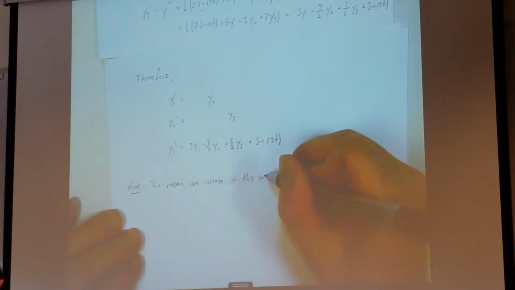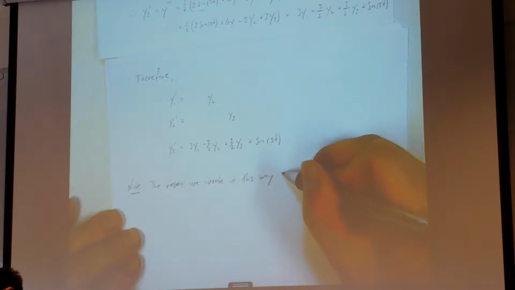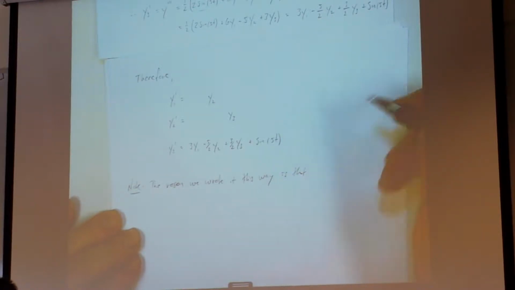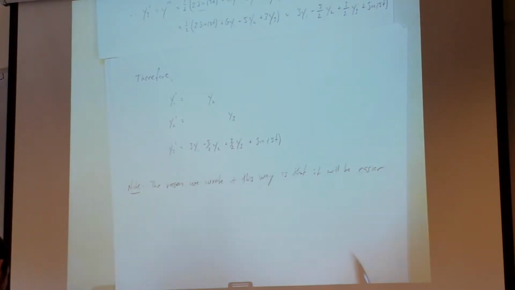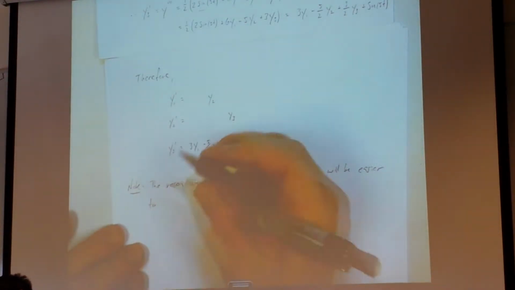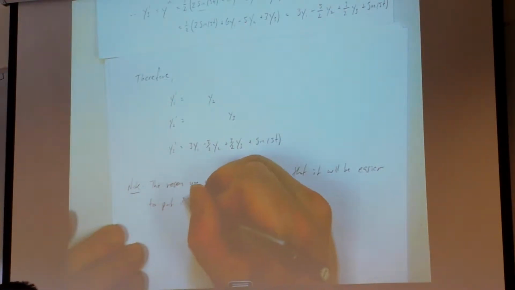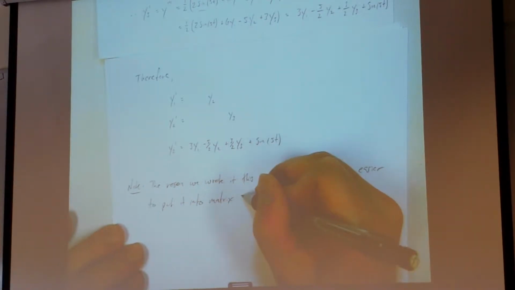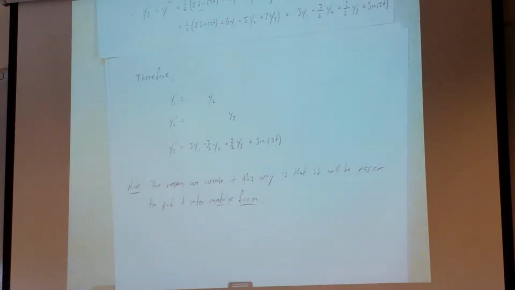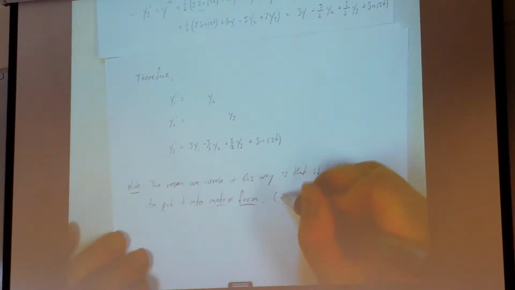The reason I wrote it this way is that it makes it easier to put it into a matrix form. And we will be doing more of that in 5.1.